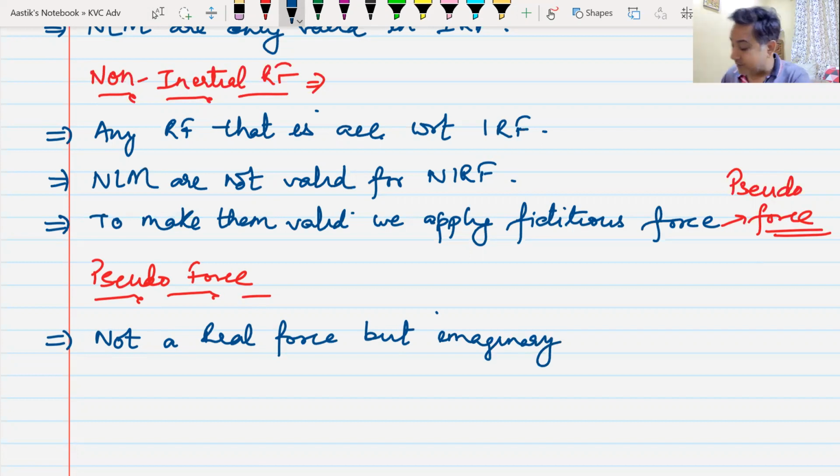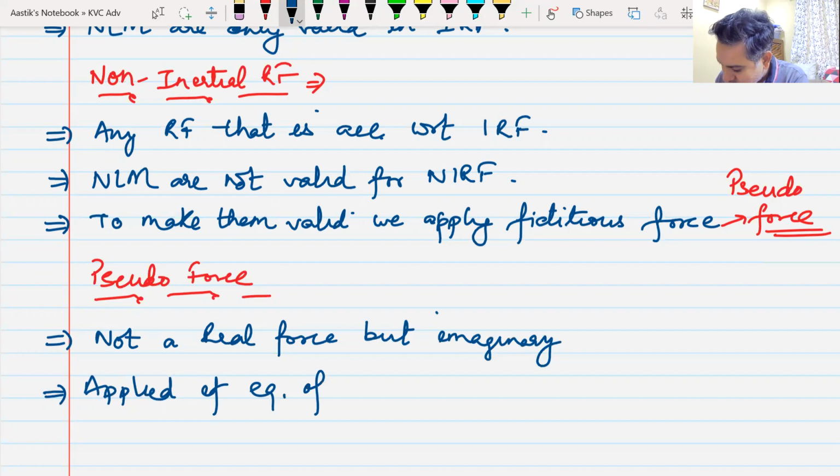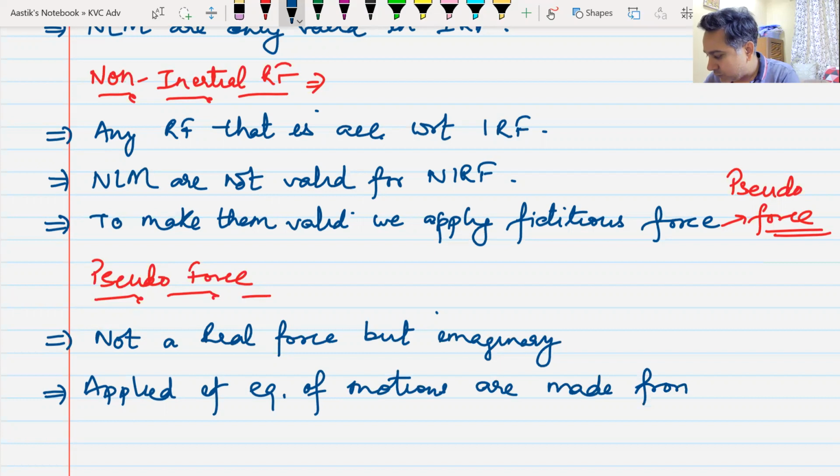It is applied if equations of motion are made from NIRF.